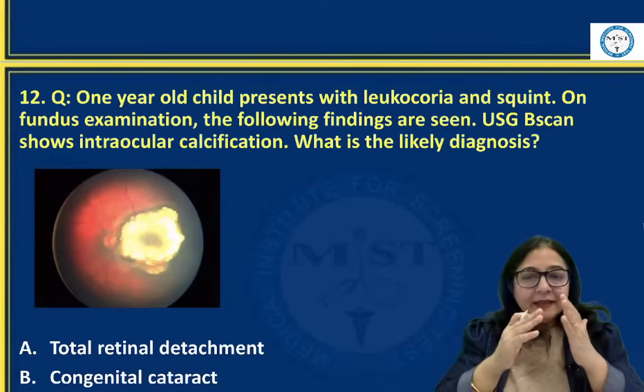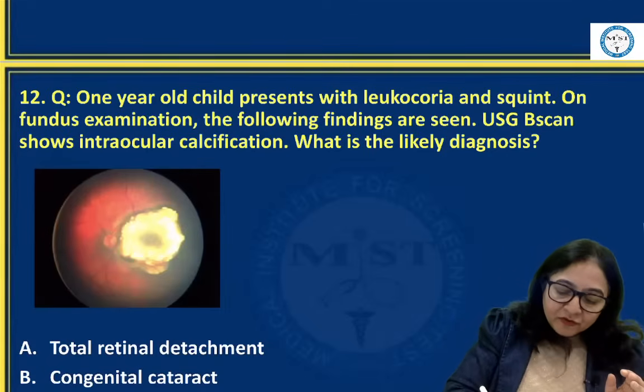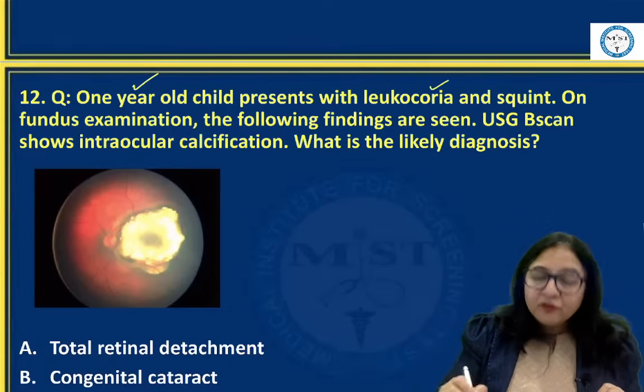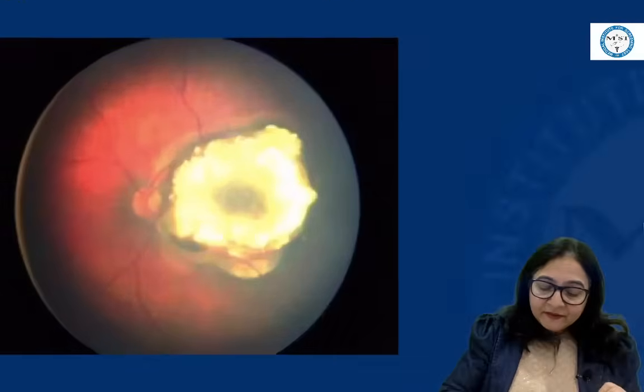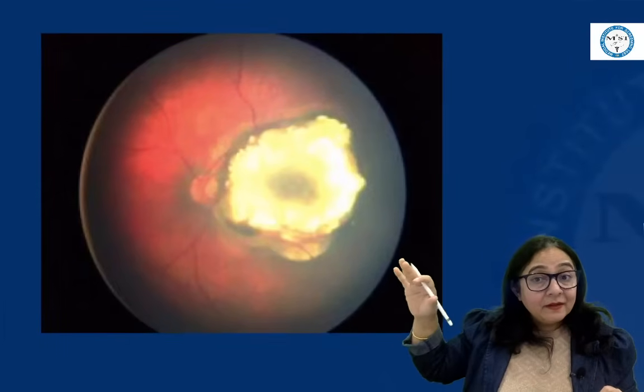Again, in the question statement, everything has been given to you. The age group of the child is 1 year. Leukocoria and squint is the presentation. What is the fundus showing you? The fundus is showing a mass in the retina.